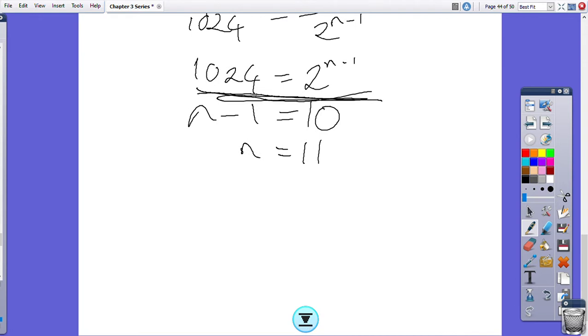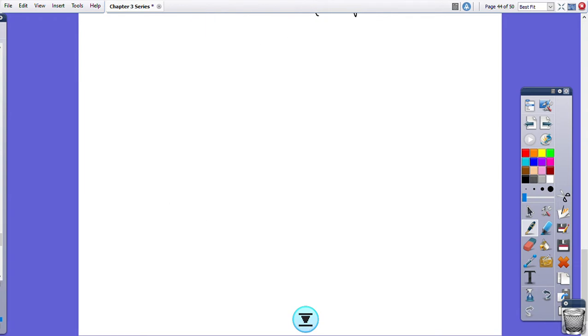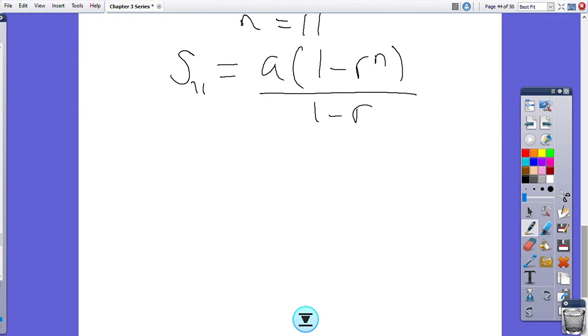So you go S11 equals a(1 minus r to the n) over 1 minus r, and let's push that up a little bit there, and let's sub in our values.